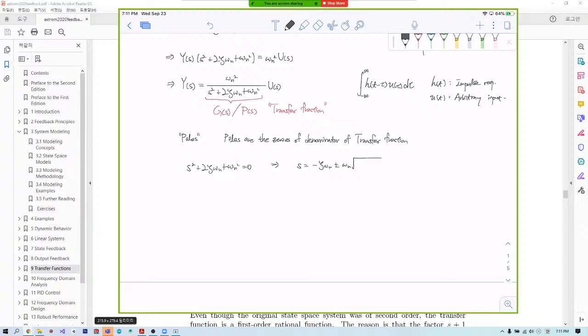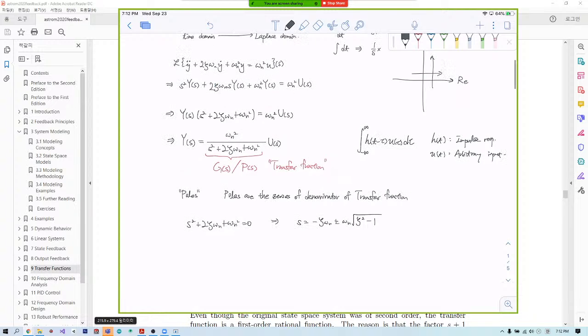I just factored out omega n squared out of the square root and it became omega n, and then extracted it out of the square root.